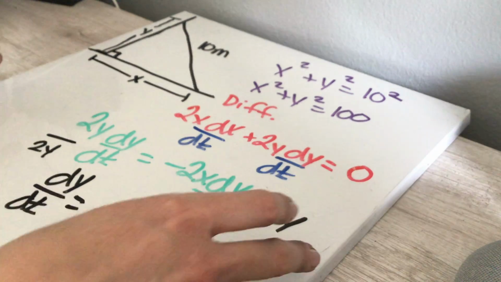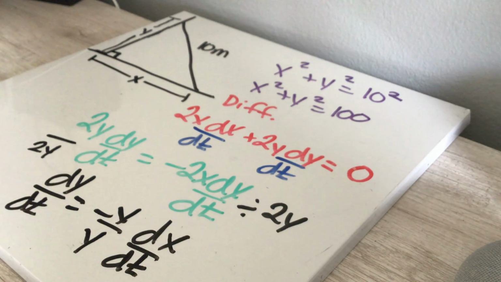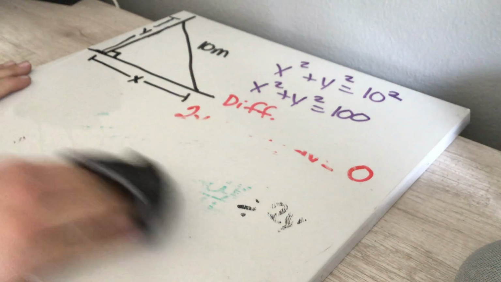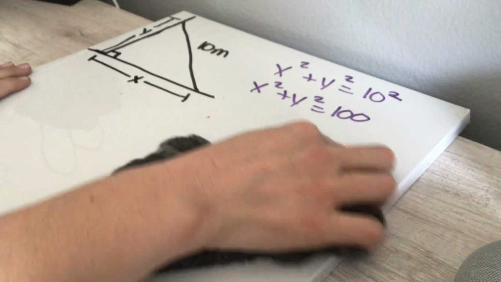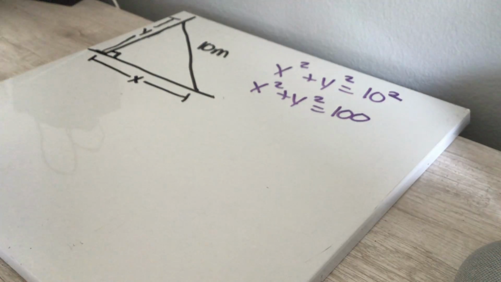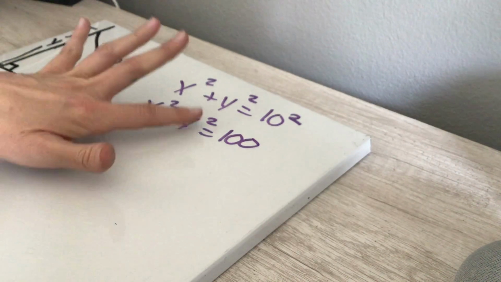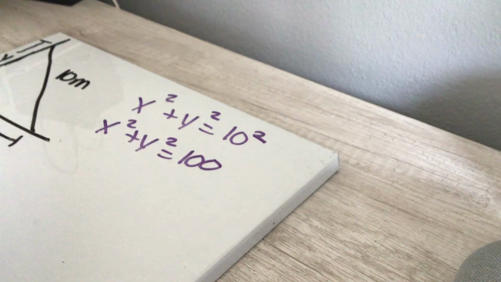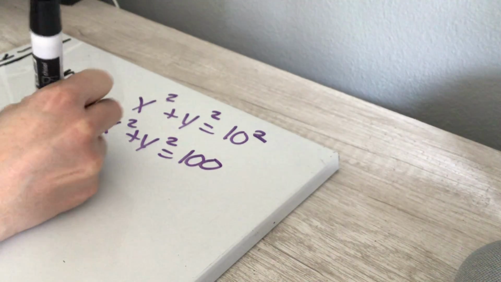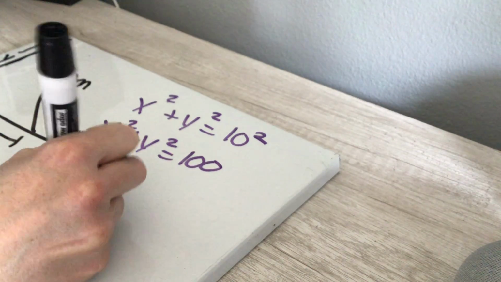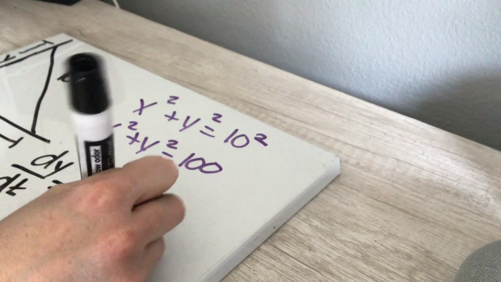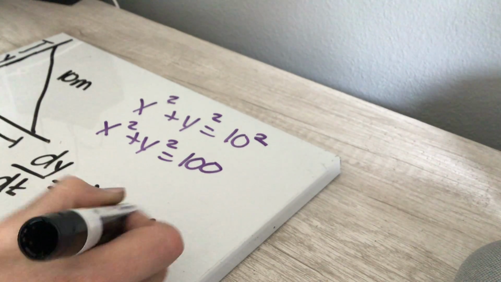So then we're told that we want to find out when x equals 4, and that the rate of change of x, it's sliding away from the wall at a rate of 1 meter per second. Okay? So again, this is what we had, and then when we differentiated, we got that dy/dt was equal to negative x over y times dx/dt. The change in x with respect to time.